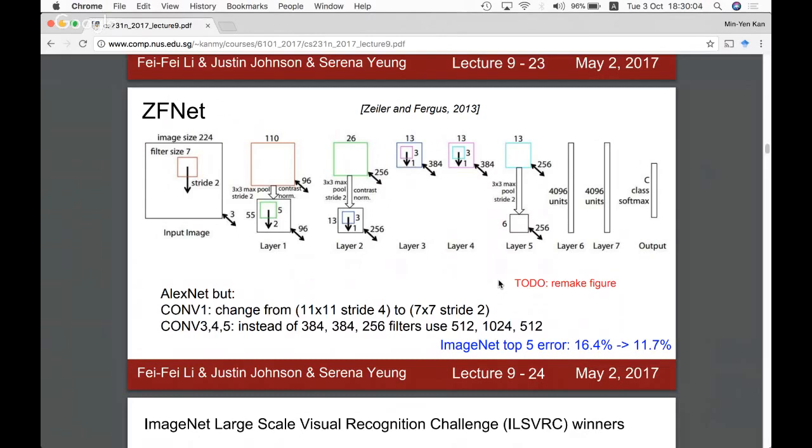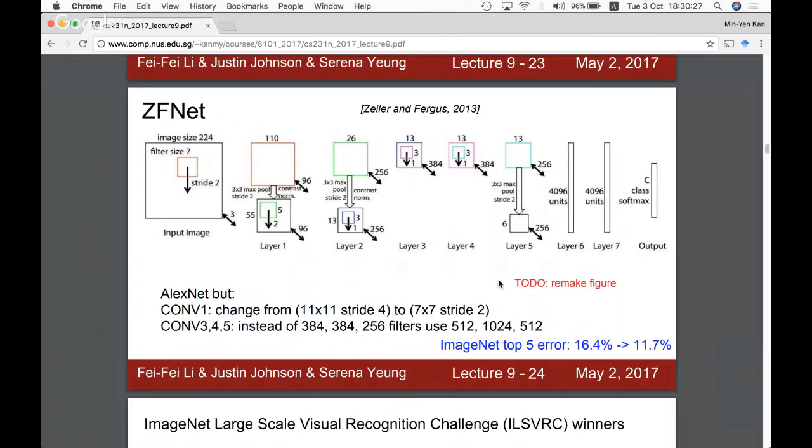Is there any motivation or rationale behind this change? Maybe, I don't know what the motivation is described in the paper by Zeiler and Fergus 2013. You mean the change from AlexNet to ZFNet? Is there any reason?